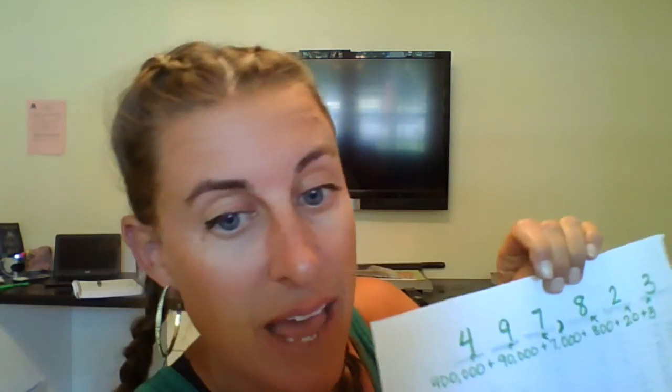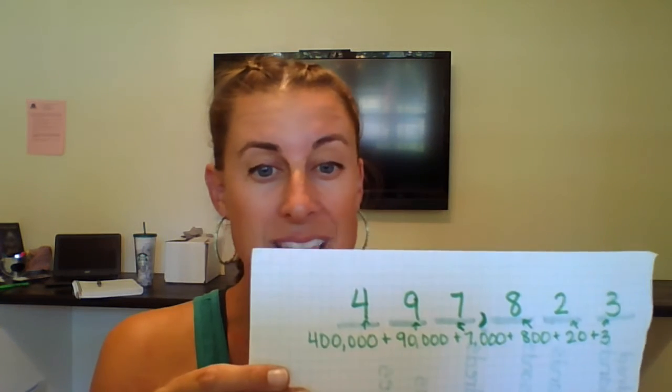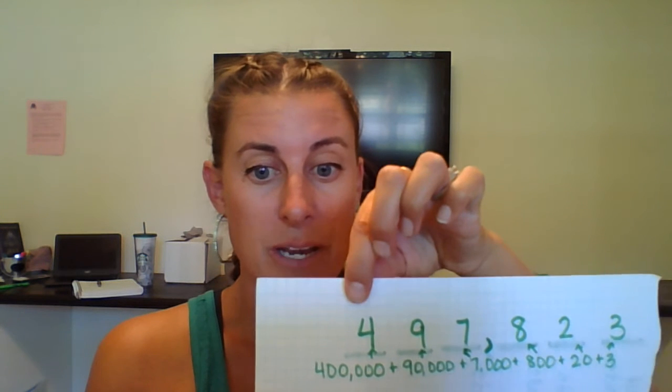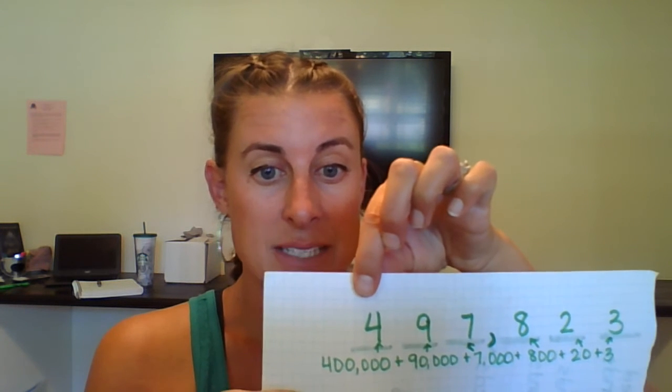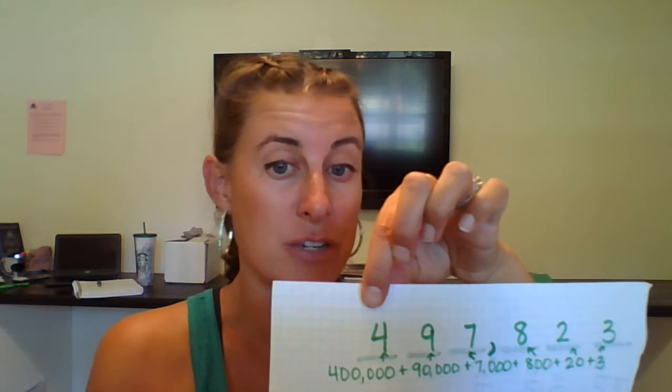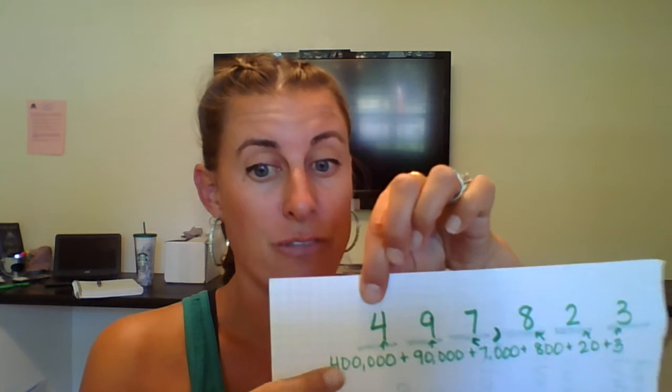Well, how we would take that number and break it apart into expanded form is we would break apart left to right, just like we do when we read a word. So we would start right here with a 4. Again, this digit isn't just worth 4. Sometimes I like to think of it as money because it's fun for me to do it that way. It's not worth $4 if it lives right here. It's worth 400,000.